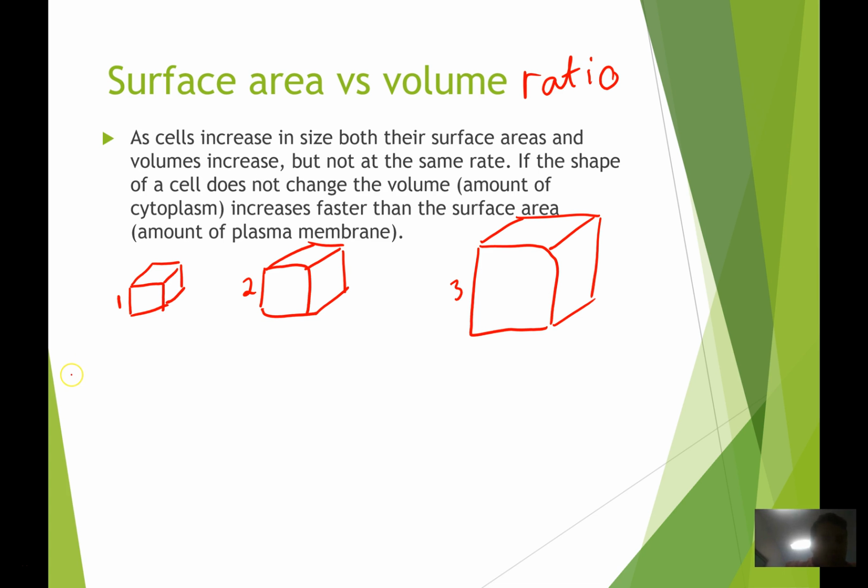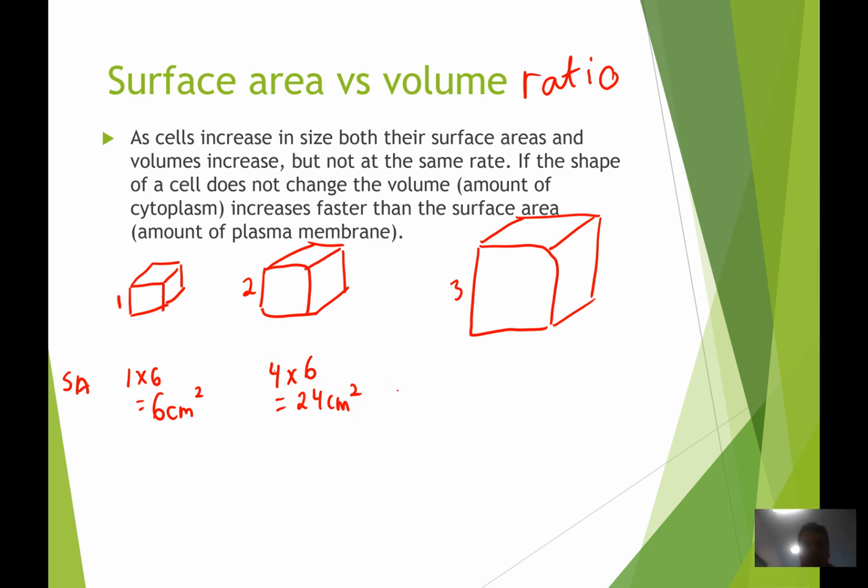First of all, the surface area of each of these cells. This cell has each side 1 by 1, so that's 1 centimeter squared. Times 6 gives us a surface area of 6 centimeters squared. This one here is 2 by 2, so each side is 4 centimeters squared, and 4 times 6 gives us 24 centimeters squared.